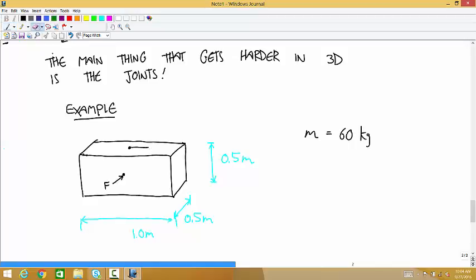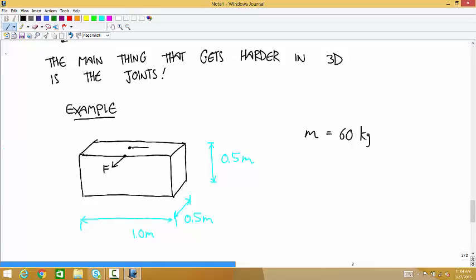I'm sorry. That's an old picture. So actually, instead of putting that in the middle of the front face, that force has to be in the middle, but along the top edge of the front face. I'll call that F.